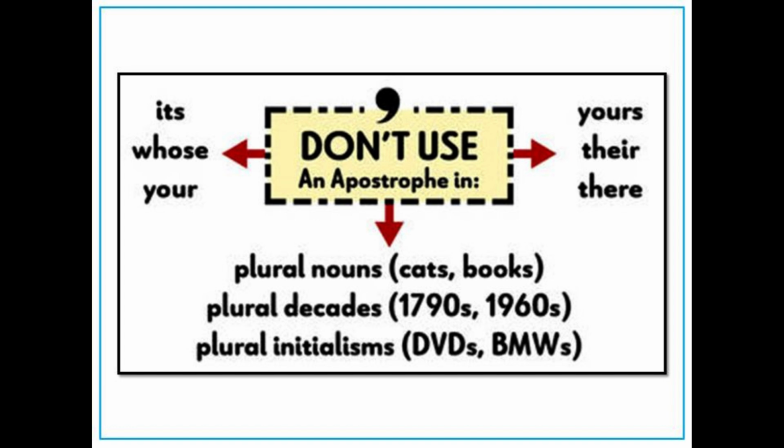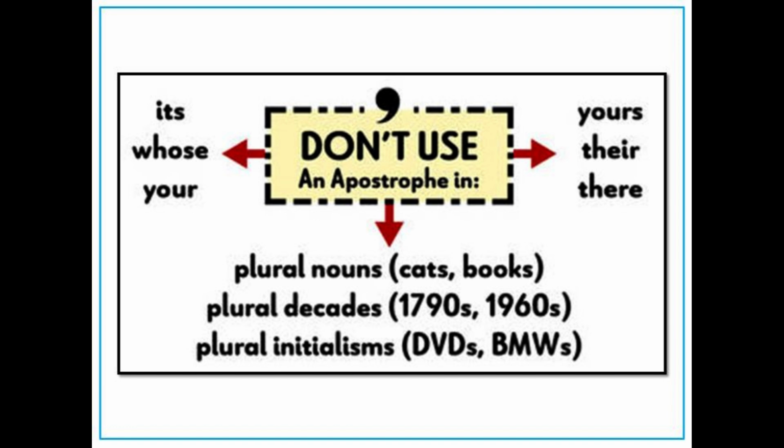So in the 1970s or in the 1790s, we are not going to write an apostrophe before the S here. However, if you are writing 1980s' best hits, then you will use an apostrophe because we are talking about the hits that belonged to the 1980s era.